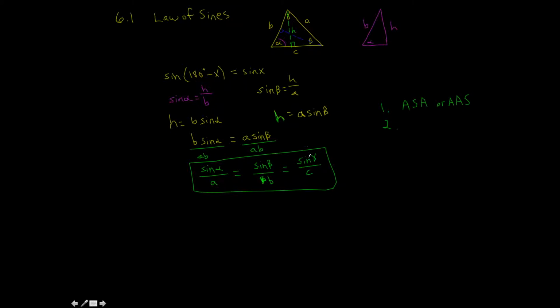Or if you have two sides and an angle opposite one of them. Let me say that again. If you have two sides and an angle opposite one of them, law of sines can be used to solve that as well. Now, these are our three cases that we will have.